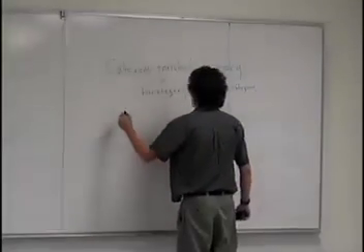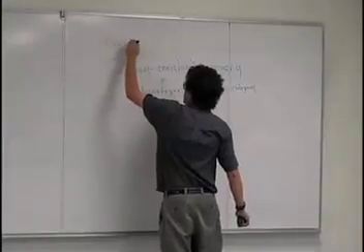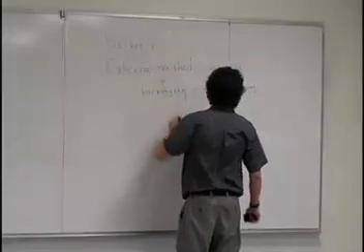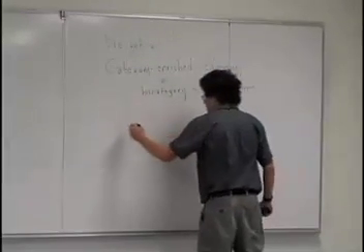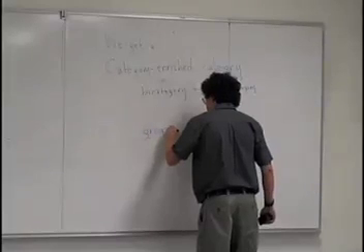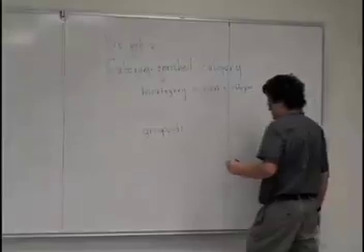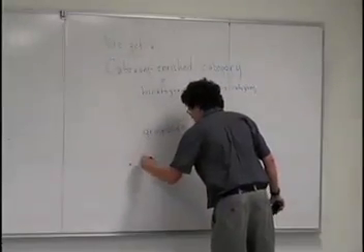But anyway, what is this thing that we get? You have a category with groupoids as the objects. And then what goes between groupoids?